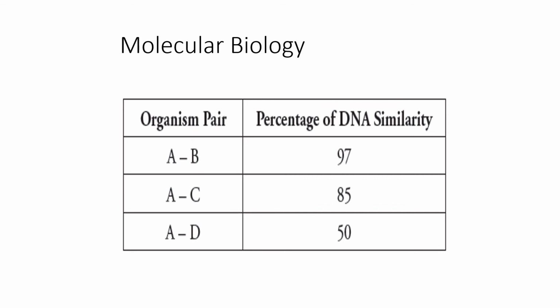Just looking at that table, you go, oh, well, the pair that has 97% of their DNA similar is the pair that's most closely related. That's what that tells you. The pair that has the least similarity in their DNA, A and D, that's the pair that is the least related. Now, they still have 50% of their DNA in common, so they're still related, but they're not related as closely. Okay, these are the kinds of problems you're going to have to look at. Piece of cake.